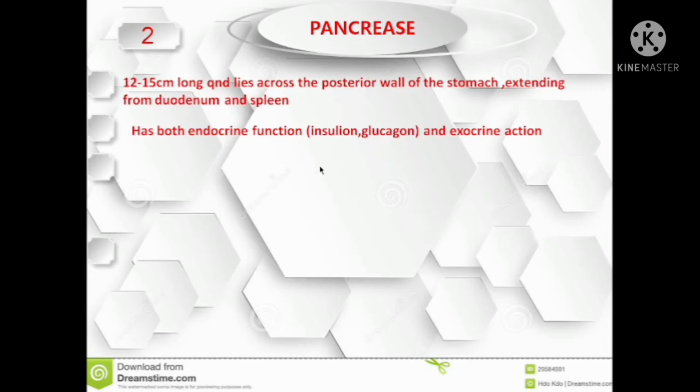Remember that the pancreatic B cells are active in insulin production. So talking about the endocrine function, insulin, glucagon is also there, very important. And it also has some exocrine functions, okay? So always remember that the pancreas has both endocrine and exocrine function, okay?